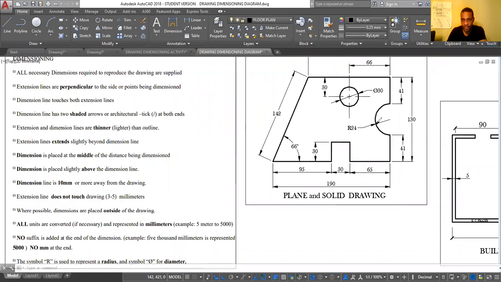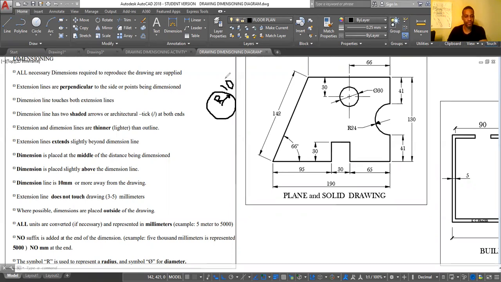It could also be here. Either way works. There could be a case like this, a circle here. It could also be like this, radius here, and the big R on the side like that. Big R plus your value, say this is 10, place our 10 there.